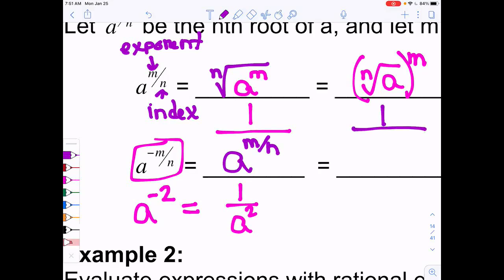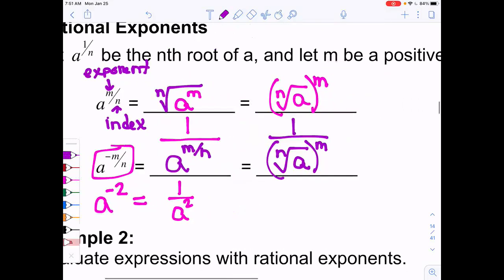So I could then say 1 over the nth root of a to the m, or 1 over the nth root of a, all to the m as well. So notice that m can be attached to the number, or it could be applied outside. Does anybody have questions? Anybody at home have questions?